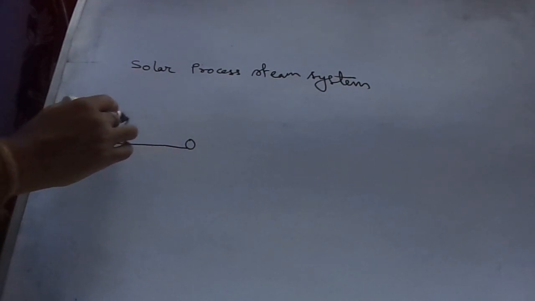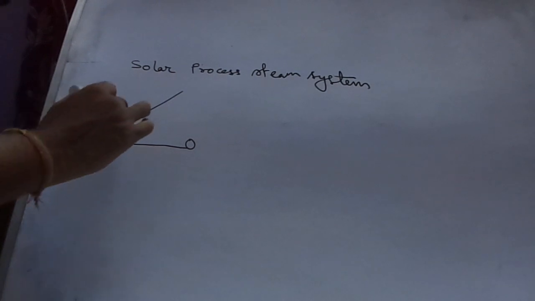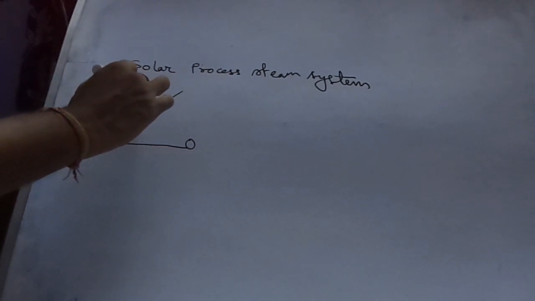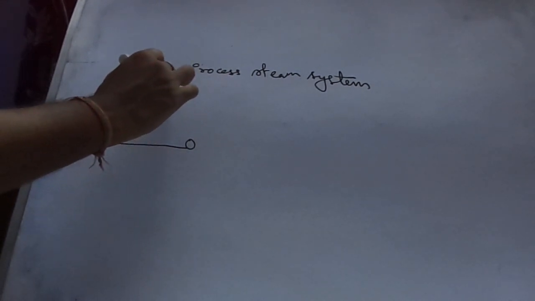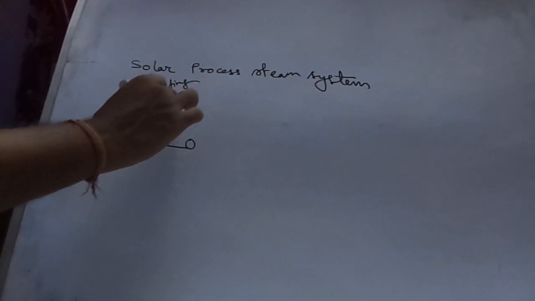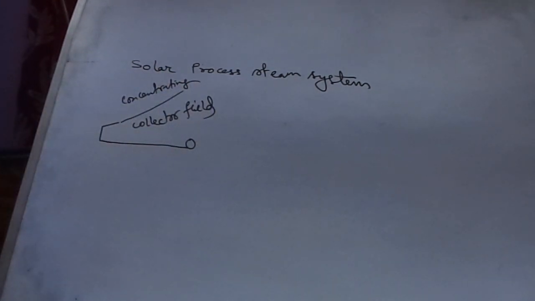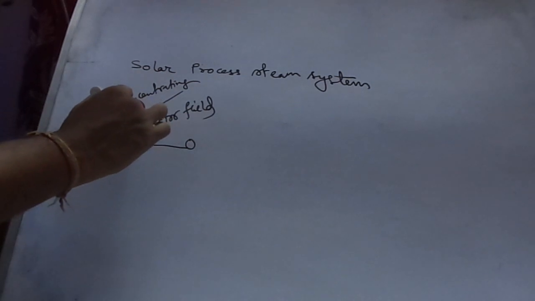If you draw the diagram of the solar process steam system, this one is the concentrating collector field.